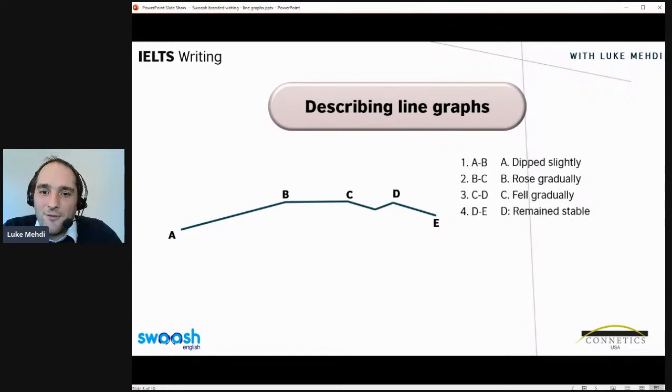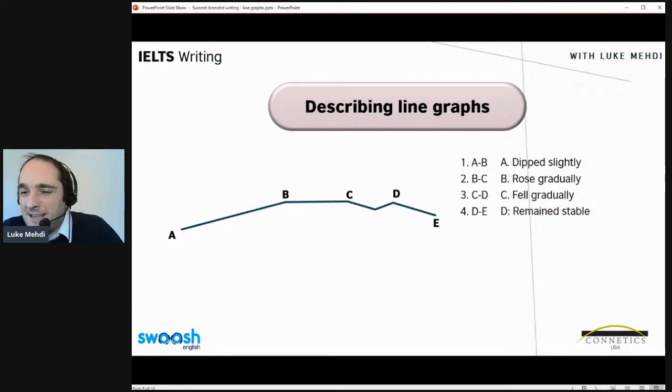And then number 3. So number 1, we've got B, rose gradually. Number 2, giving us D, remains stable. 3, goes down and up again.